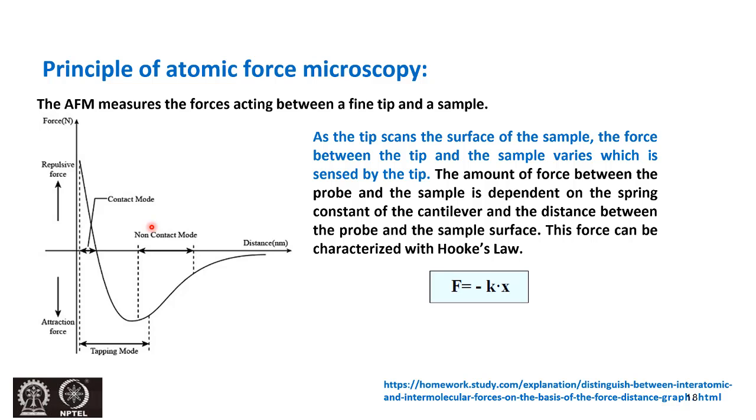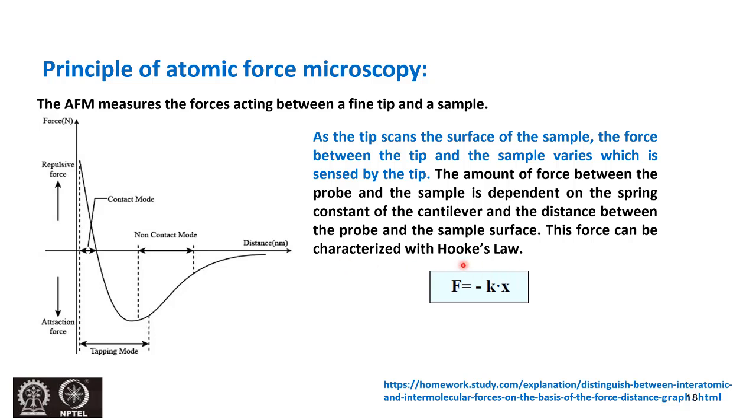So depending upon the force, repulsive forces are considered positive, and attractive forces are considered negative. In the contact mode, generally the repulsive forces, this area, is taken into consideration. In the non-contact mode, this area is taken into consideration, the attraction force side. And in the tapping mode, again the equilibrium part, this region is considered, again the attraction side.